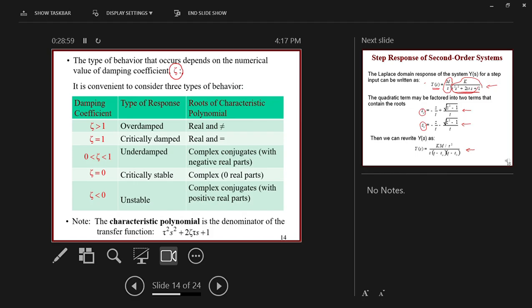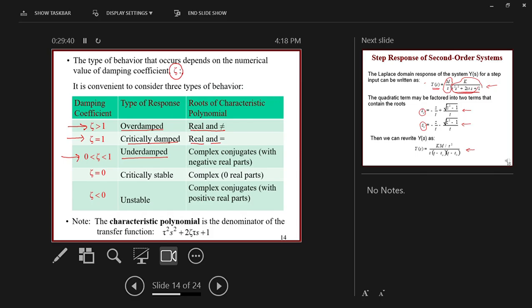So if we have a positive zeta greater than 1, then we call this an overdamped system. And in that case, the roots of the characteristic polynomial are real and not equal. If the zeta is equal to 1, we call this critically damped, and the roots will be real and equal. If zeta is between 0 and 1, we will call this an underdamped system, where we have the roots of the characteristic polynomial complex and complex conjugates with negative real parts.